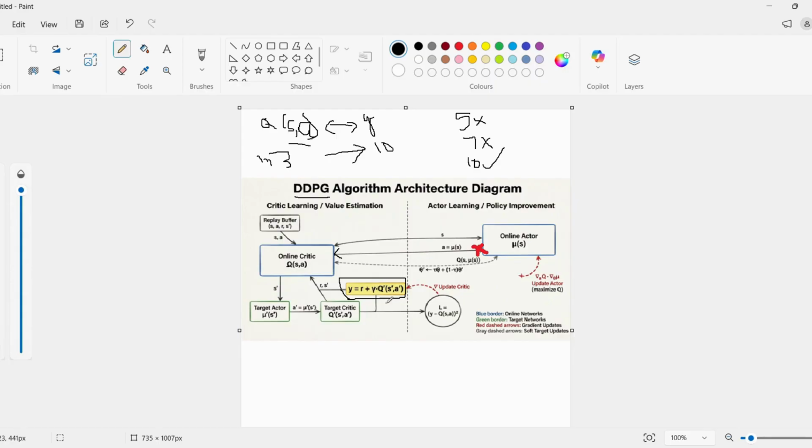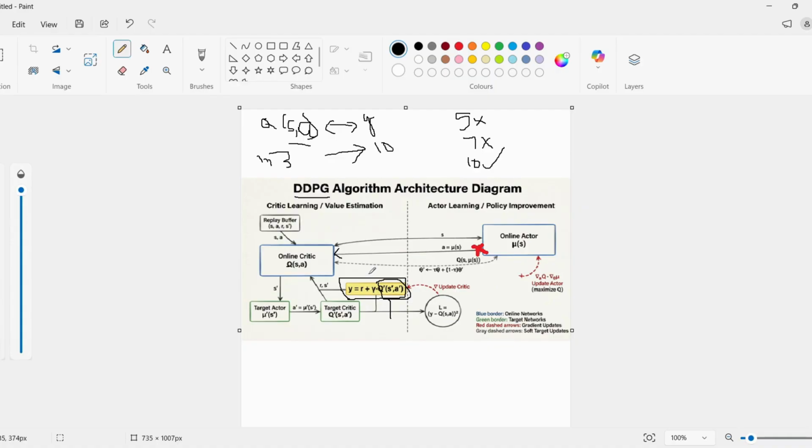Then there is this part, which is q dash of s dash a dash. This part here represents the q value of the next state action pair. Do we have the q value for the next state action pair in the data we receive? No, we do not. So what do we do when we do not know the value of a particular variable?